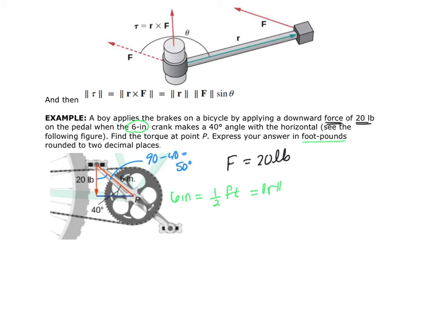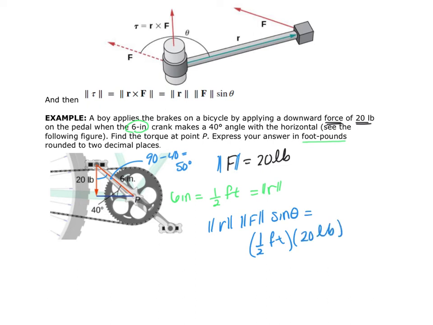The formula is the magnitude of R times the magnitude of F multiplied by the sine of the angle. So I have my R, that's a half a foot. I have my magnitude of F, that's the 20 pounds.